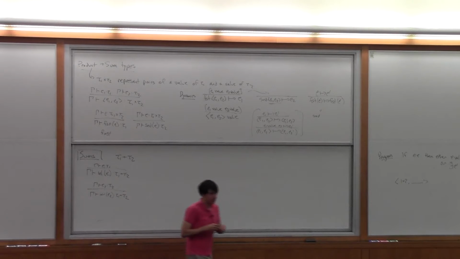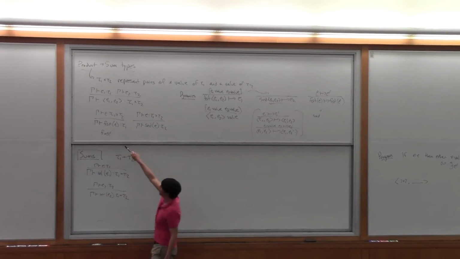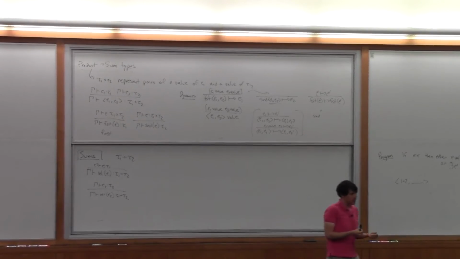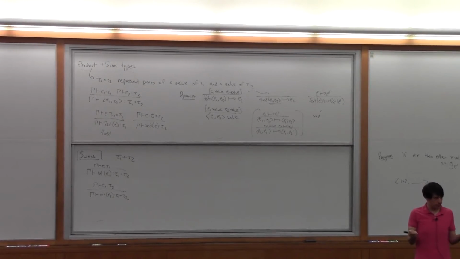Okay. For pairs, what we said was the value consists of two things. Therefore, there's two things to take out, first and second. For sums, we say the values consist not of a pair of two things, but of a choice between two things.